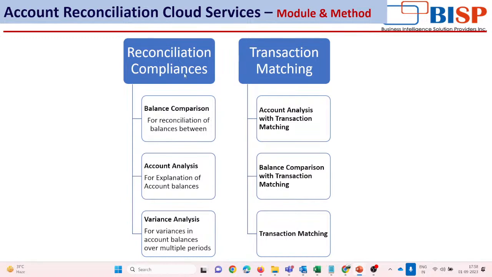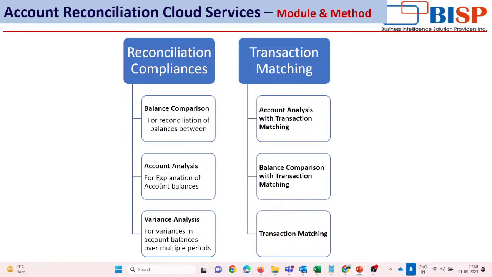Under reconciliation compliance we have three methods. The first one is balance comparison, the second one is account analysis, and the third one is variance analysis. Balance comparison is for reconciliation of balances between ledger and subledger, or balances between two ledgers.